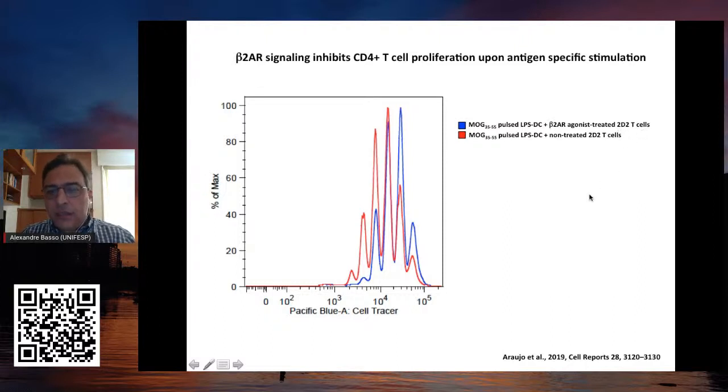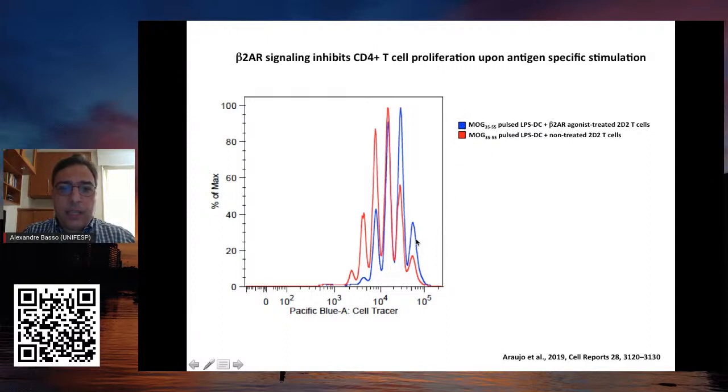So those are T cells expressing a transgenic TCR recognizing MOG35-55. And we had here in this assay non-treated 2D2 T cells or 2D2 T cells treated with an agonist of the beta-2 adrenergic receptors. And those are here in blue.